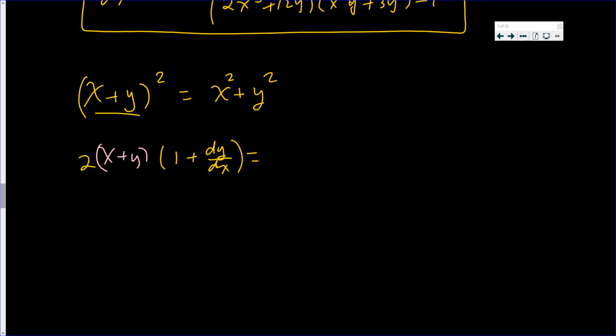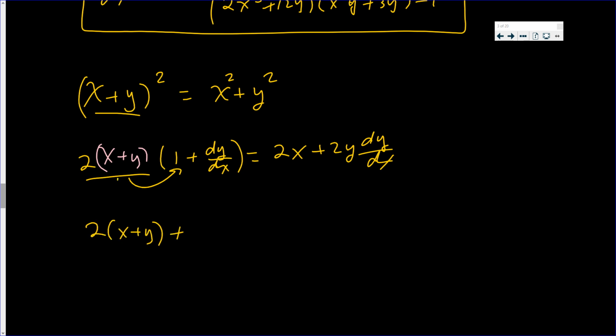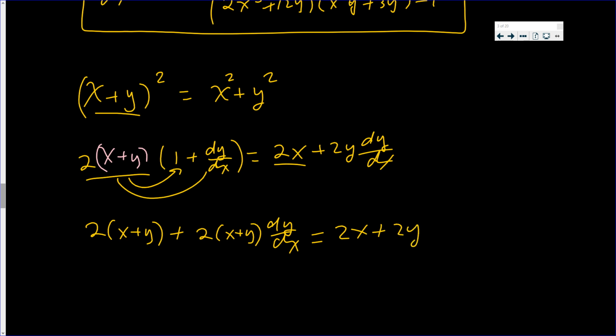And on the right side, you have 2x plus 2y times dy dx. Now, if you distribute this times 1, you'll just have 2 times x plus y plus 2 times x plus y dy dx. The instruction is to find dy dx. And you'll have the right side doesn't really change.